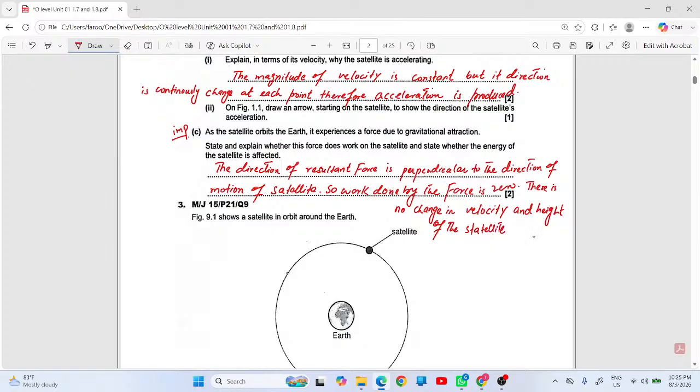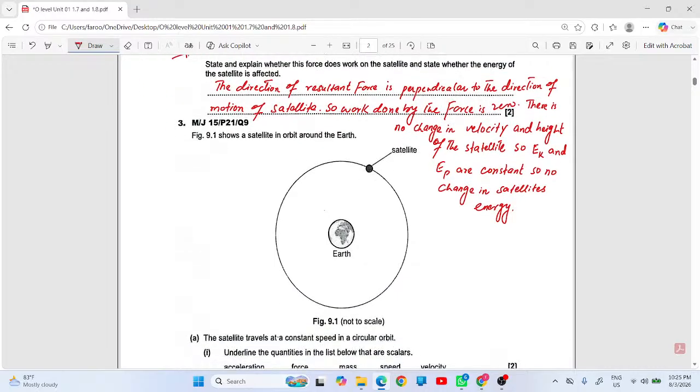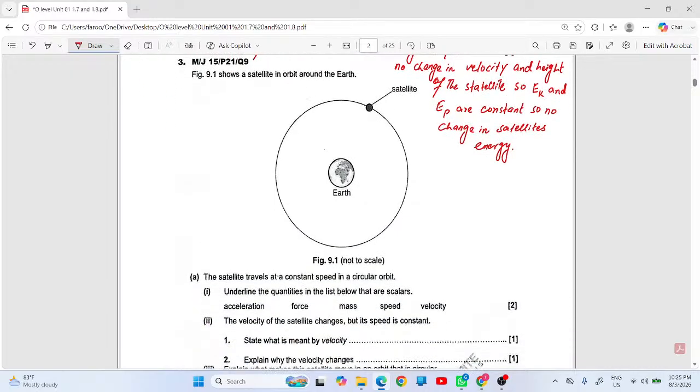So kinetic and potential energy are constant, therefore no change in the energy of the satellite. Any confusion? Next, read question number 3.